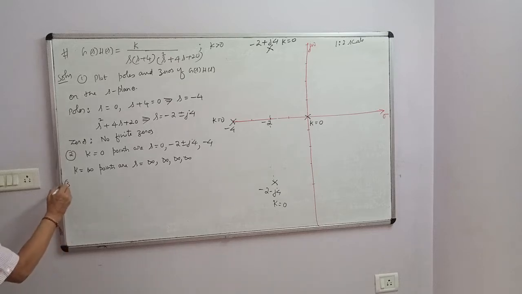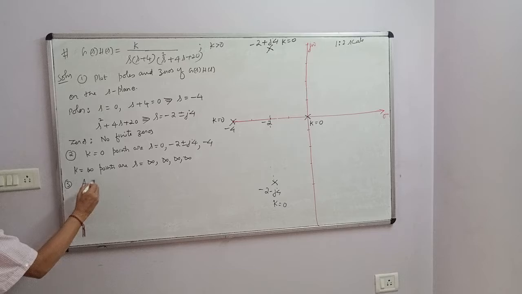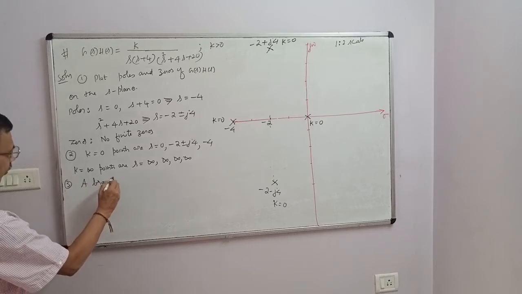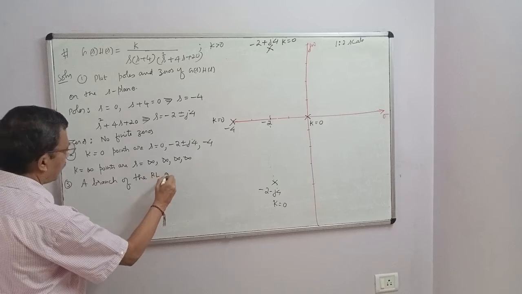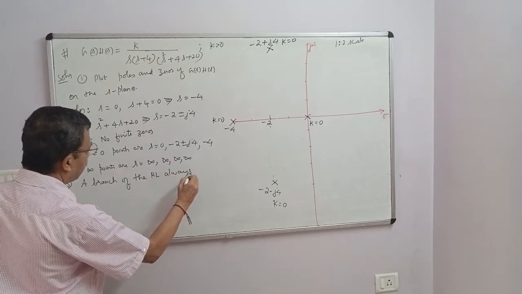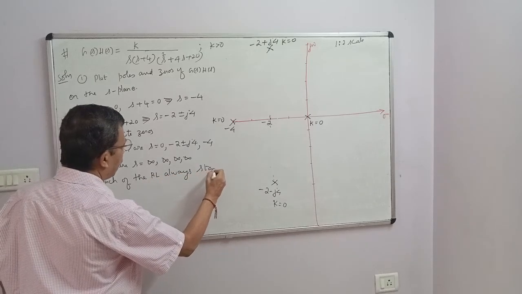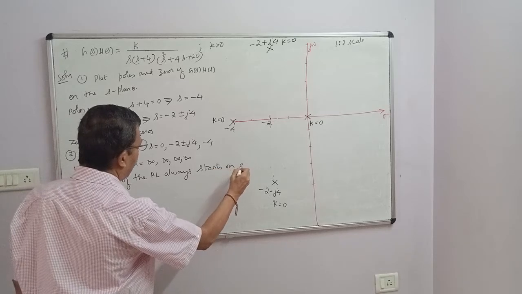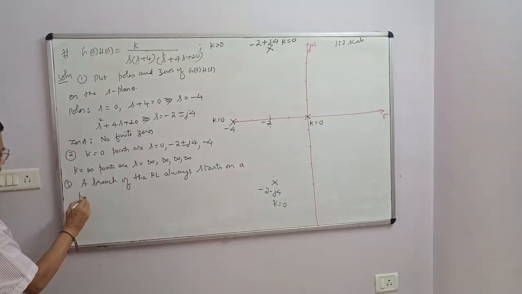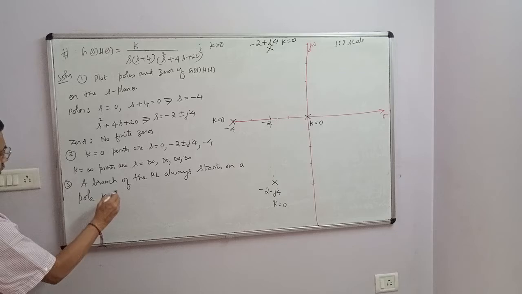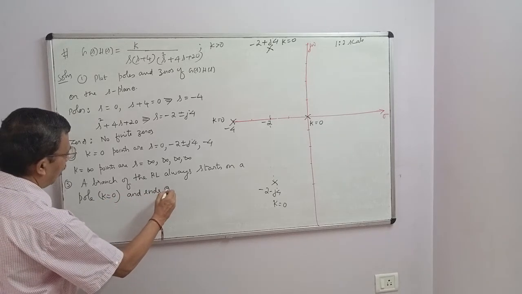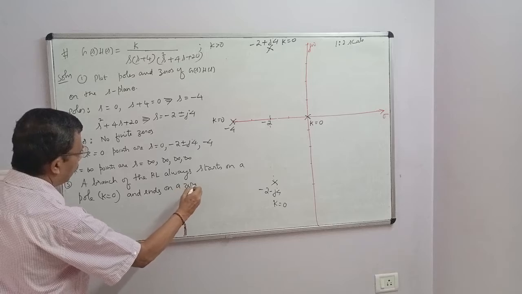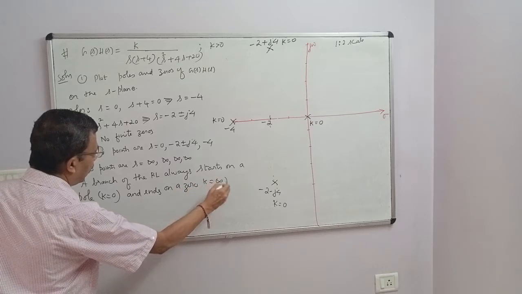Next step. A branch of the root locus always starts on a pole. Pole means k equal to 0 and ends on a zero. Zero means k equal to infinity.